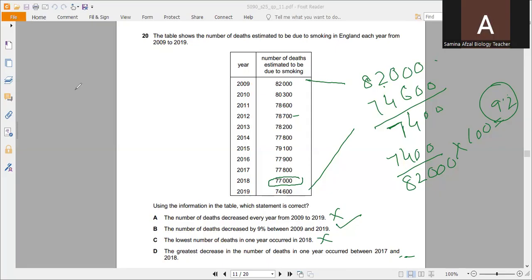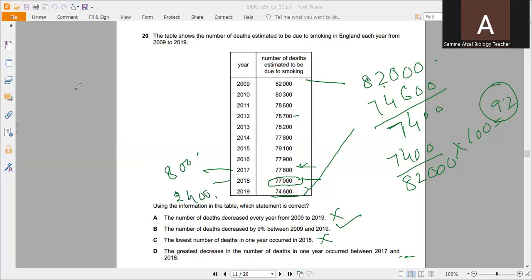From 2017 to 2018 the decrease was 800, and from 2018 to 2019 the decrease was 2,400.